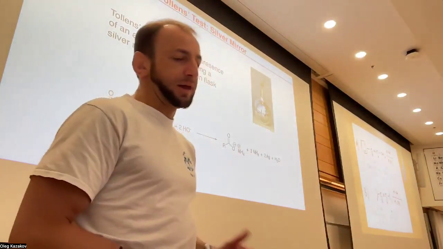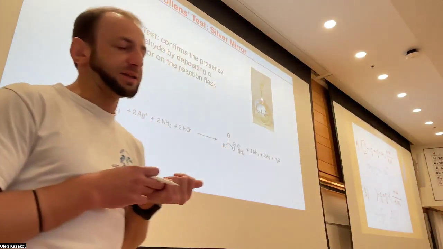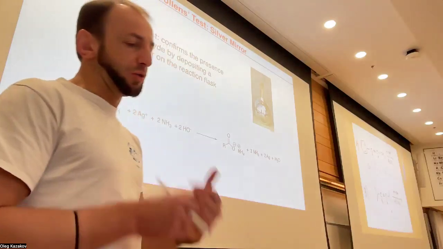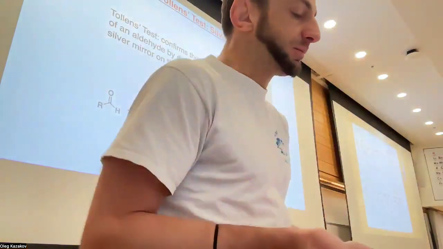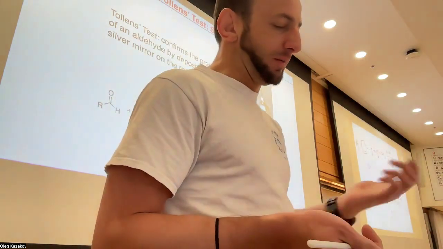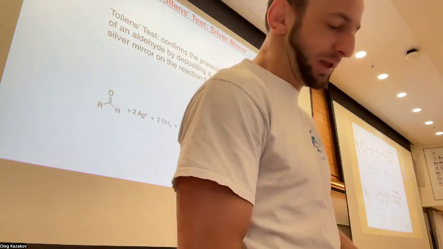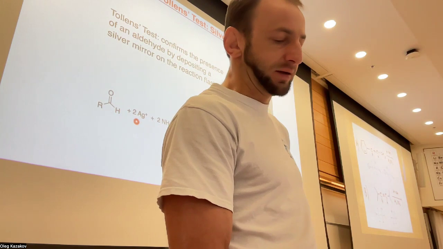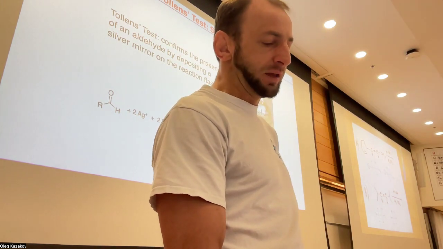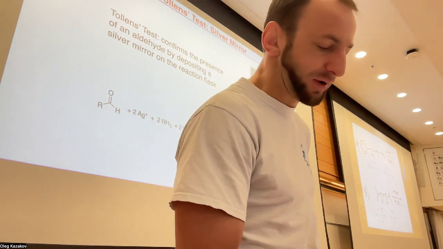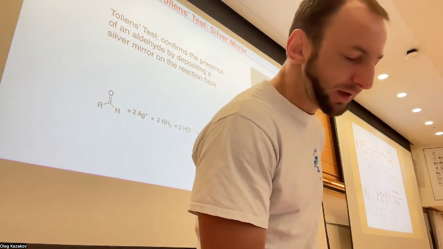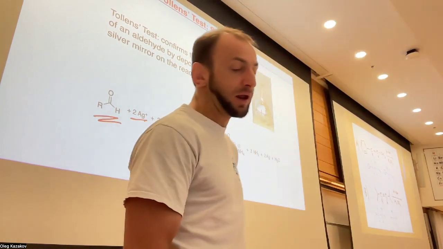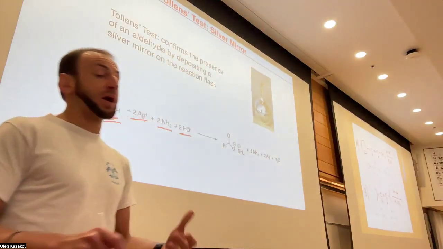Now another thing is going to be what they call a qualitative test. Apparently there is a way to confirm that you have an aldehyde in your reaction mixture, by the silver mirror test. Basically, if you suspect you have an aldehyde in your reaction mixture, you can add silver in ammonia under basic conditions. Here you can see the silver ion that you add to the aldehyde, then ammonia, NH3, and then OH, which is just the sign that we have basic conditions.